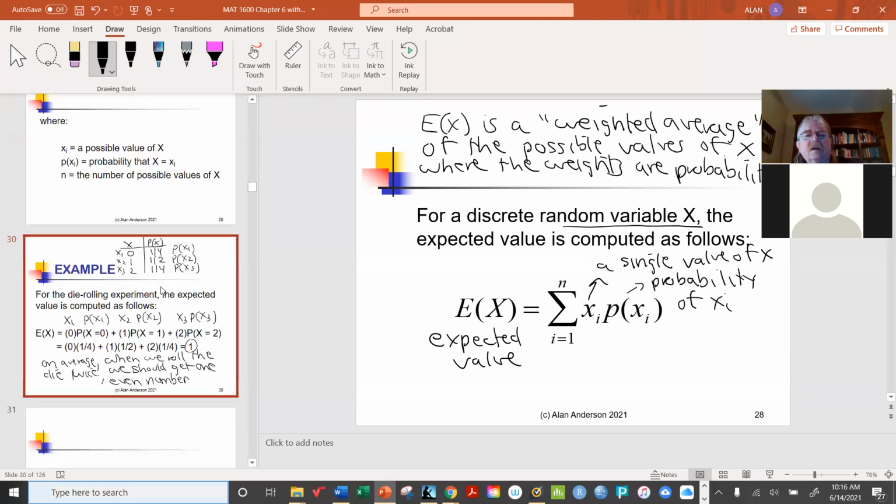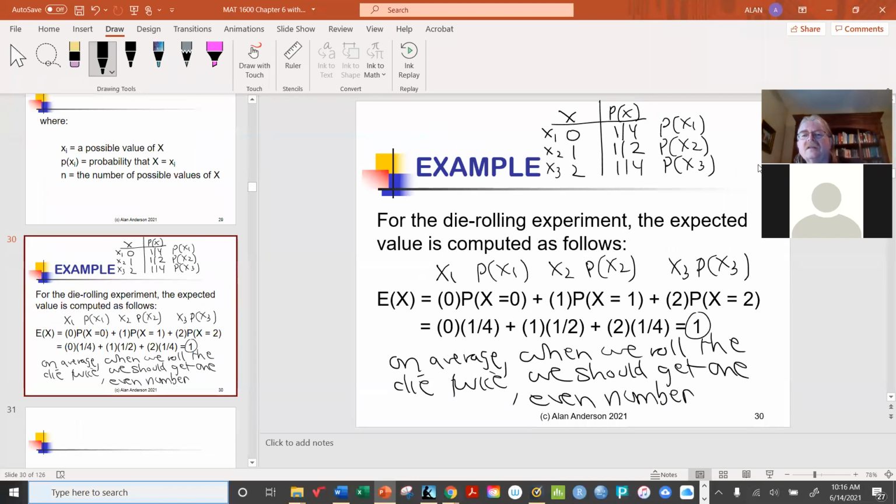All right, so bringing back our famous example of the dice, this is our probability distribution. We can think of these as the 3 X's and the corresponding probabilities. So based on the formula, you can see what we're doing. We're literally just multiplying each X by its own probability and adding them up. And that brings us a total of 1.